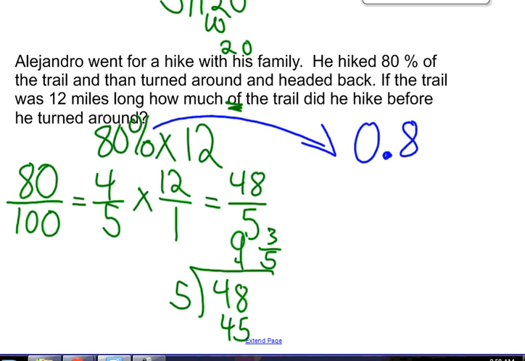Or if we multiply by the decimal, we're going to find out that if we rewrite it real quick just to make it easier to multiply, 8 times 12 gives 96.